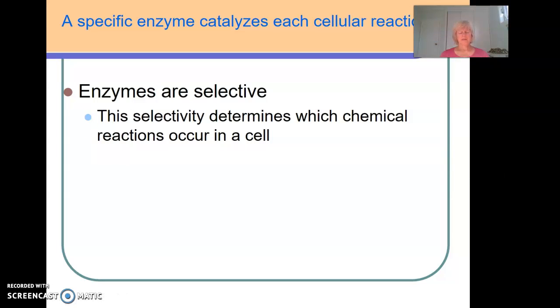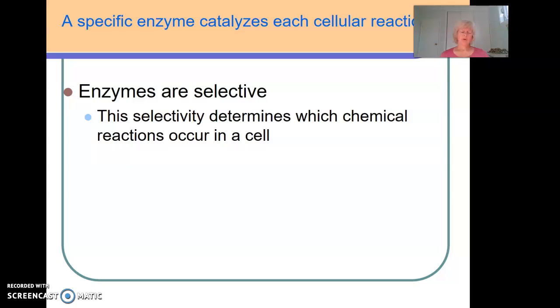Because enzymes have a specific shape and their active site has a specific shape, they are selective, which means they can only react with a certain substrate. And that means that the type of enzymes present in your cell determine which kind of reactions are happening.